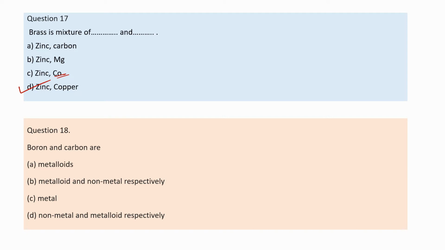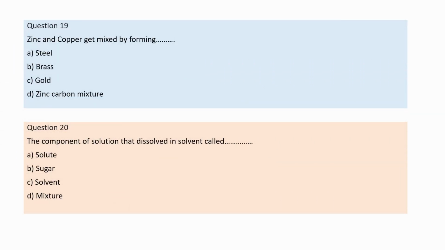Next question is, boron and carbon are metalloid and non-metal respectively. Metal, non-metal and metalloid respectively. So boron is metalloid and carbon is non-metal respectively. Next question is, zinc and copper get mixed by forming brass. This is an alloy which we will get from zinc and copper, and the name is brass.